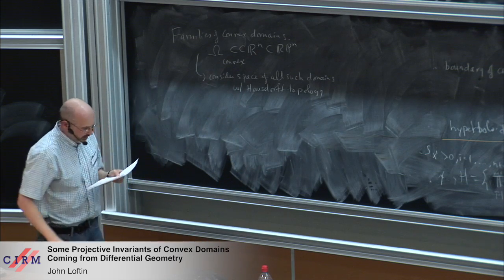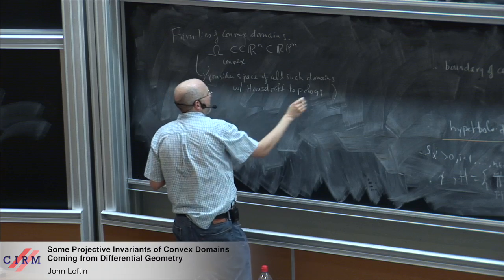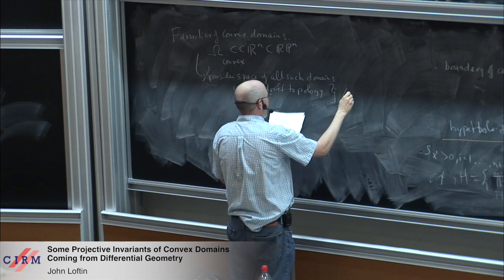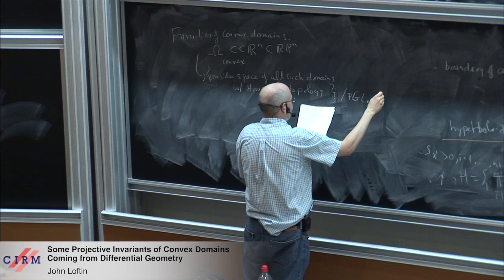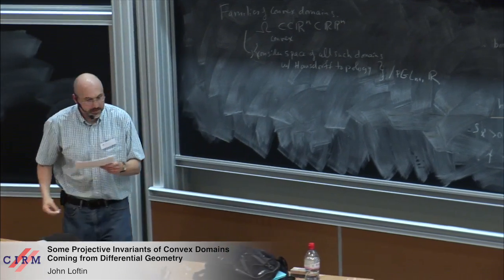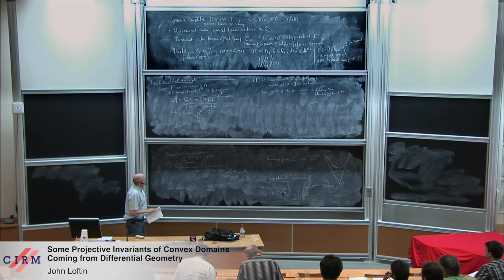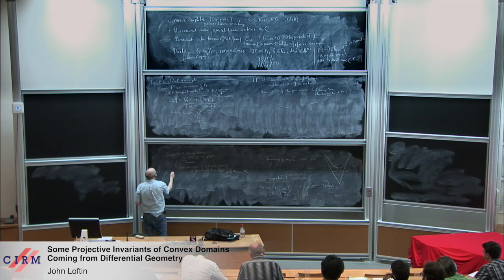And then we're interested in projective invariants, so we want to mod out by the action of the projective linear group. Okay? So it turns out that this problem, as I've stated it, is not naturally nice.